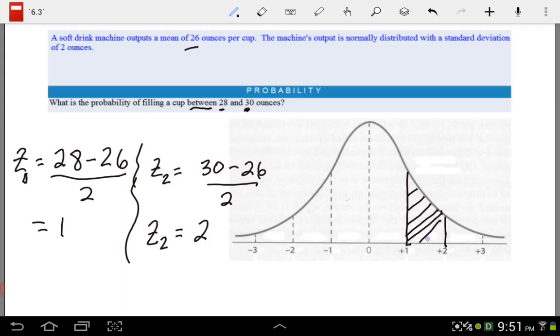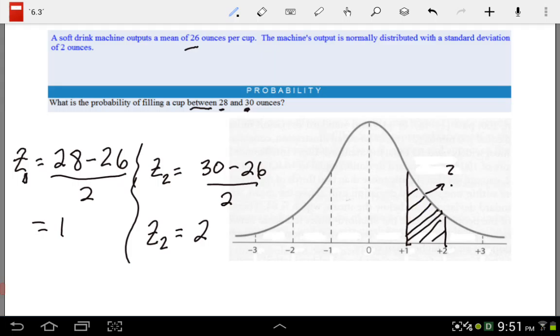Whatever this area is, that's our answer. Remember, when you find the area in between, you can look at the area to the left of 2, which would be negative infinity to 2, and then subtract the area from negative infinity to positive 1. Again, that was from lesson 6.2, so this part's not that difficult.